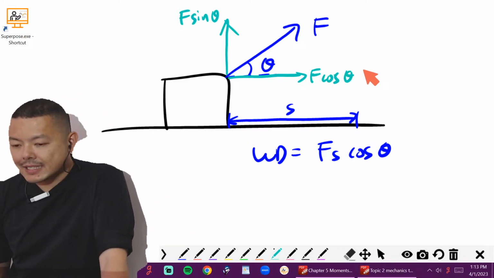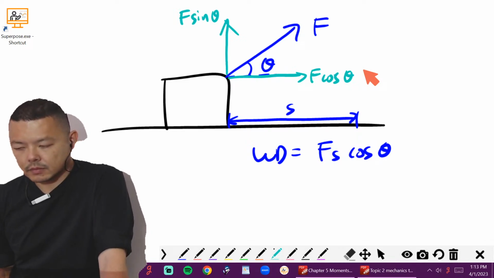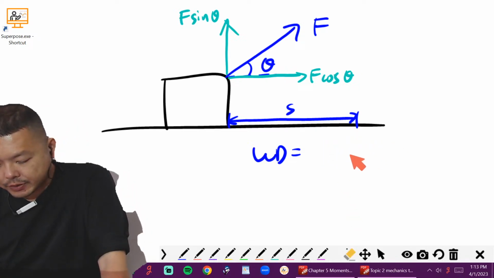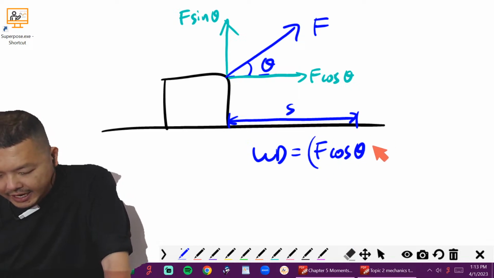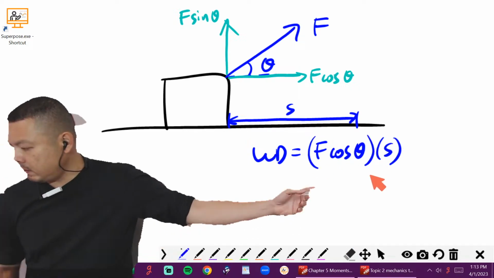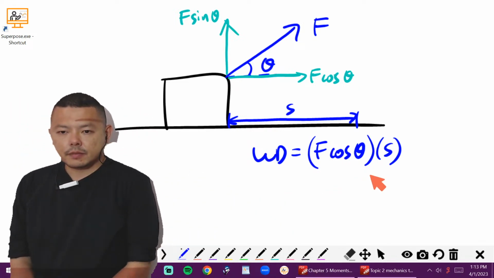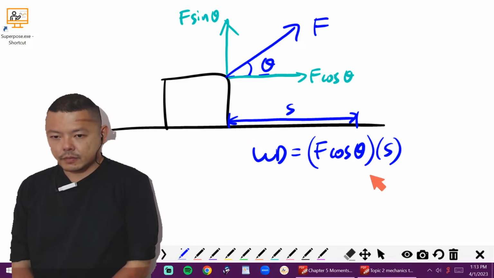Which component does the work? F cosine theta. And that's why the equation is Fs cosine theta, because it's essentially F cosine theta times s. Are we clear on this? And this is why you have to resolve it.